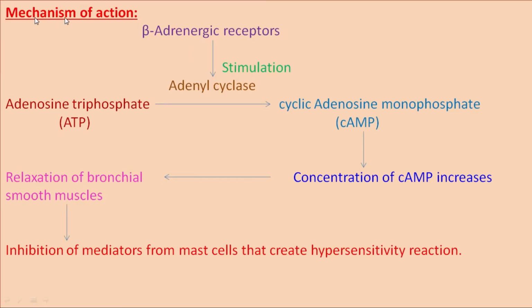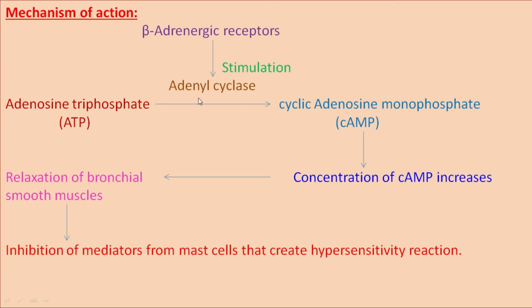Now we will discuss mechanism of action of salbutamol. This beta adrenergic receptor will stimulate adenyl cyclase enzyme. This adenyl cyclase enzyme can convert adenosine triphosphate, in short ATP, into cyclic adenosine monophosphate, in short cyclic AMP.